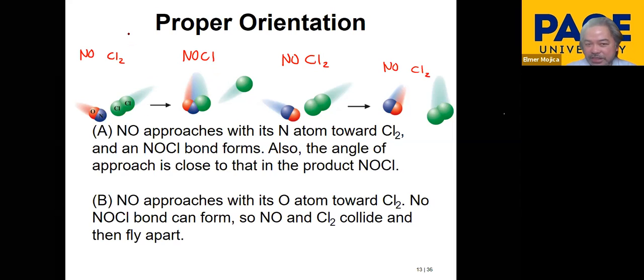So this is the one that has the proper orientation, the so-called effective collision. Now imagine if they're moving at a much faster rate. Most likely, they will have effective collision, because the molecules are moving themselves. So that's one of the three conditions that affects what we call the rate constant.